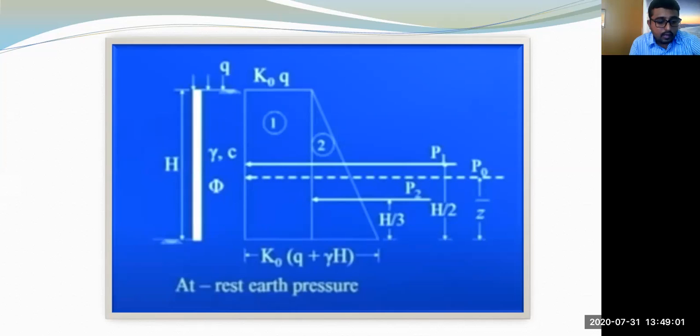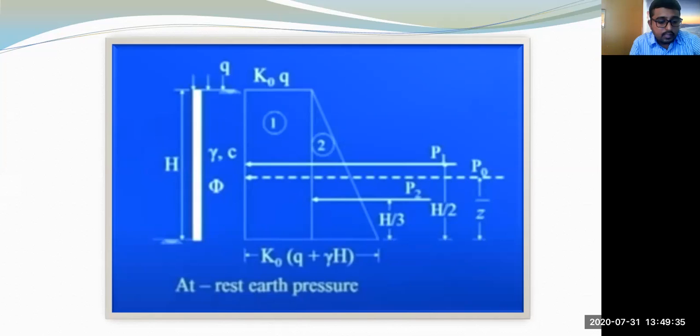The rectangular portion is acting at H by 2 and the triangular portion is acting at H by 3 from the bottom of the wall.